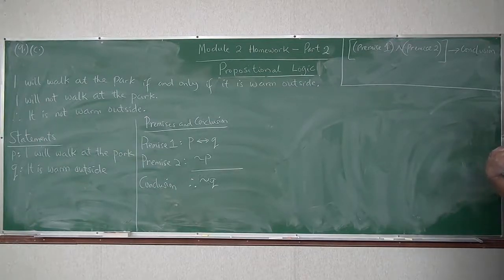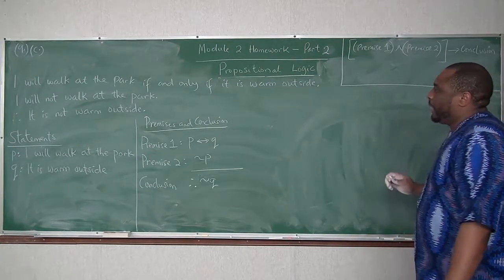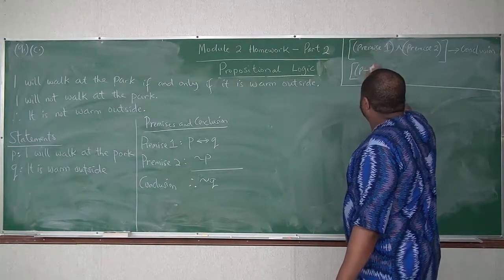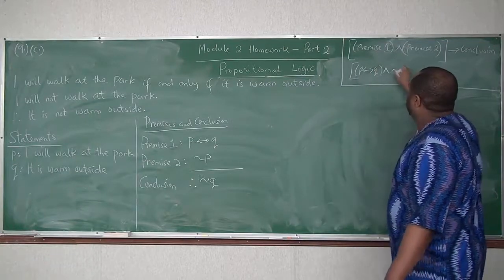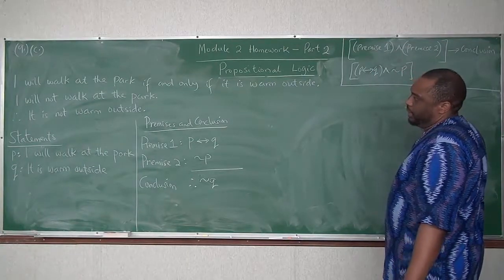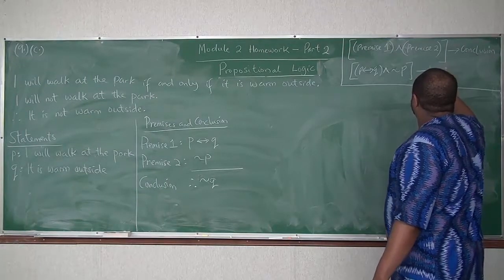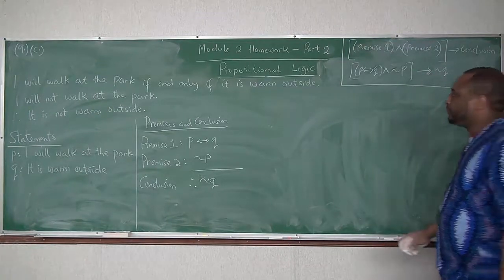If it is a contingency or a contradiction, it is an invalid argument. Okay, so this means here P if and only if Q and not P implies not Q. Alright, let's draw the truth table for this.